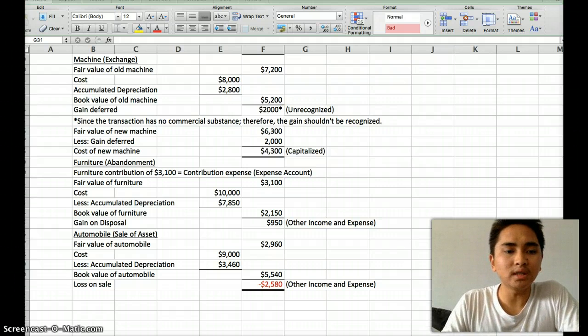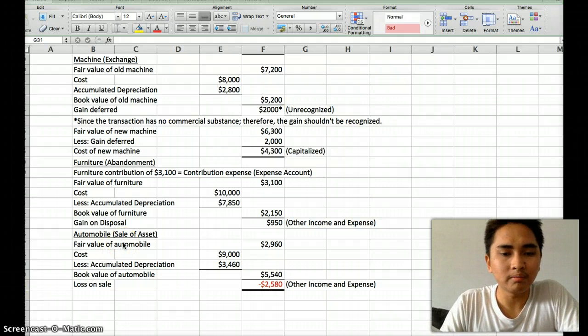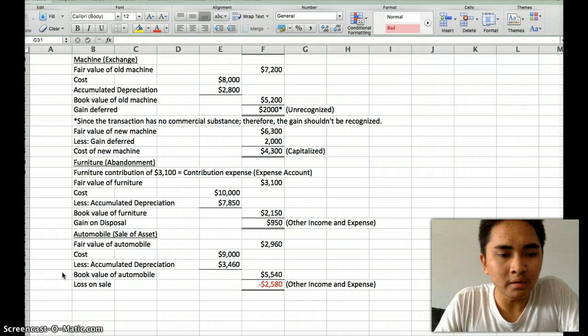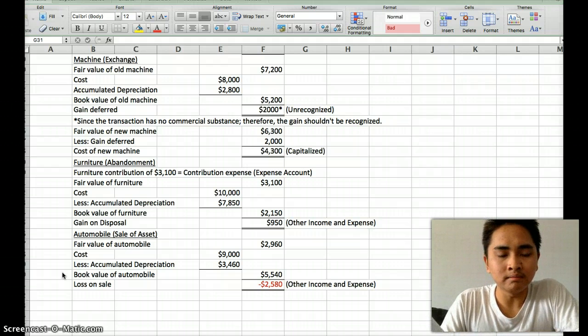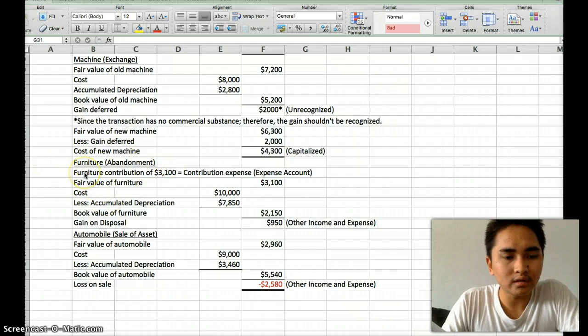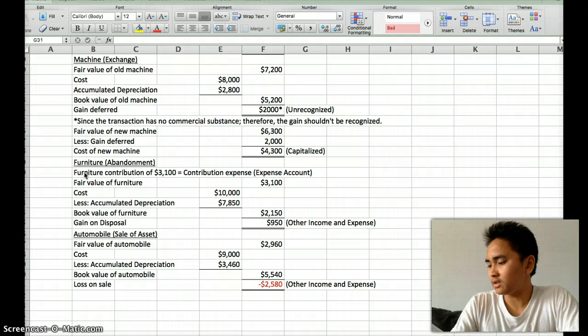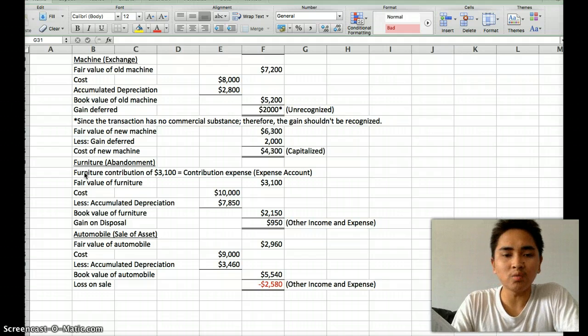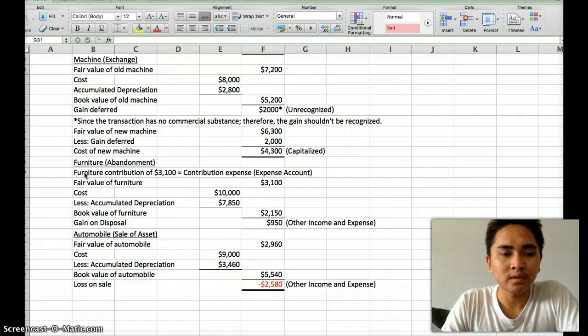So I put that one as abandonment because I think giving away your furniture and leaving it behind is an act of condemnation. So here, the furniture contribution of 2,100, I record as an expense account, which is contribution expense.